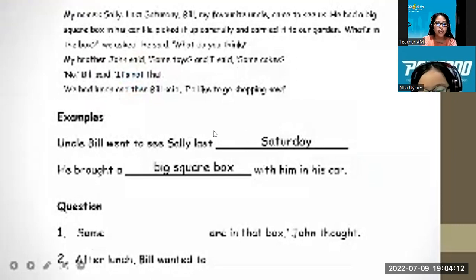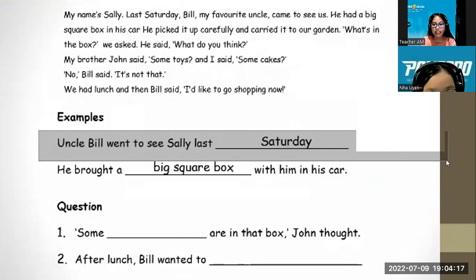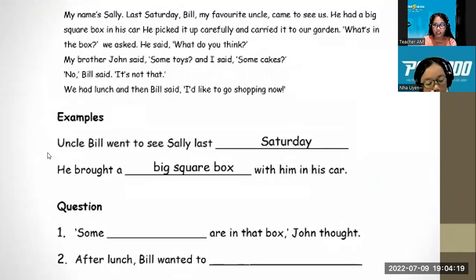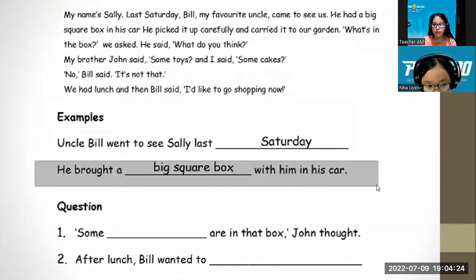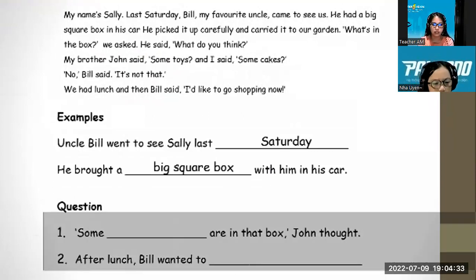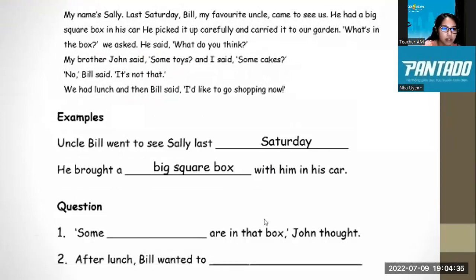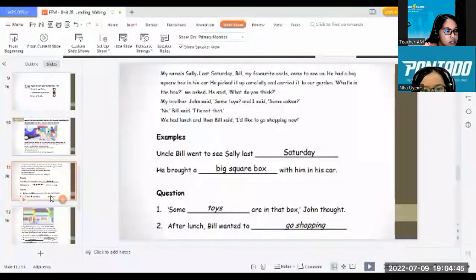Okay, so thank you for reading that one, Uyen. So here we have an example. Uncle Bill went to see Sally last Saturday. Another example: he brought a big square box with him in his car. So for questions 1 and 2, Uyen, I want you to read and tell me your answer. Oh, here it is, Uyen. Let me send this one again to you in Zalo. Also, the next one, I'm going to send this.